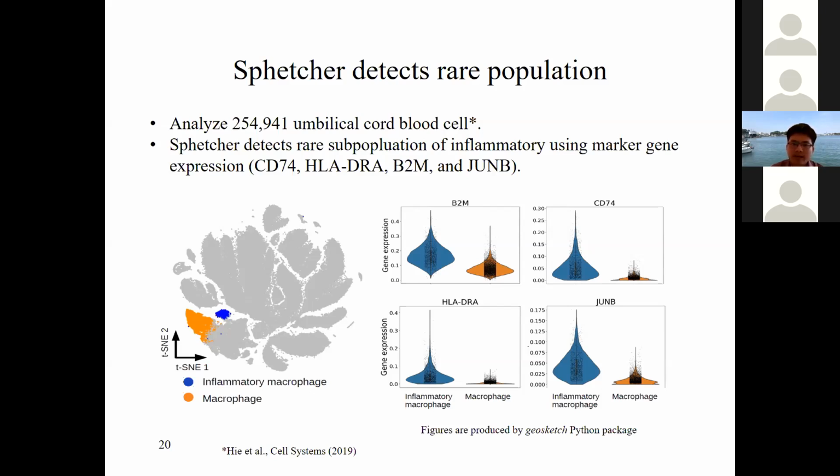Here we run our method again on the same data set, and we find this rare cell type using the same marker genes as in the original publication. So this is one of the main highlights of the method, that it naturally increases the representation of rare cell types and makes them easier to discover.